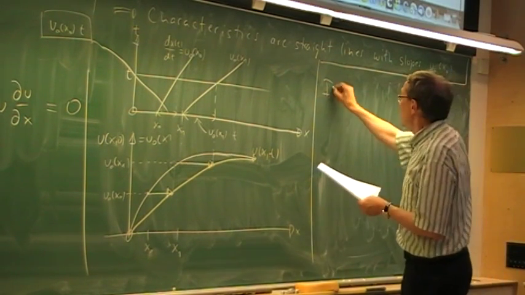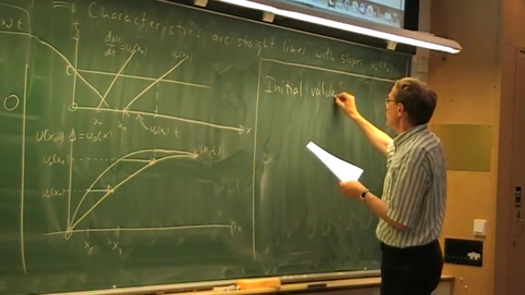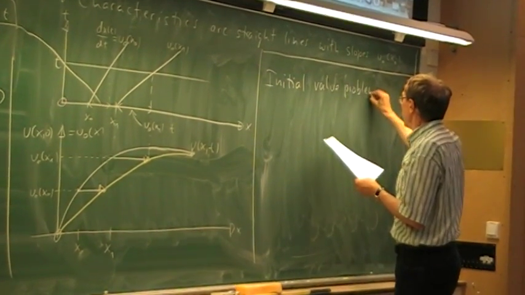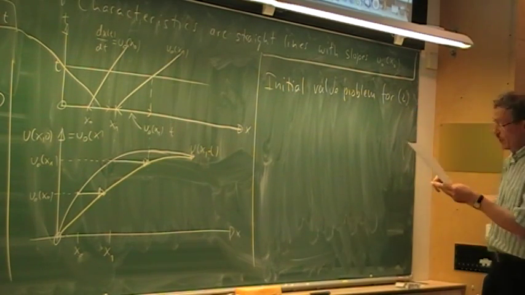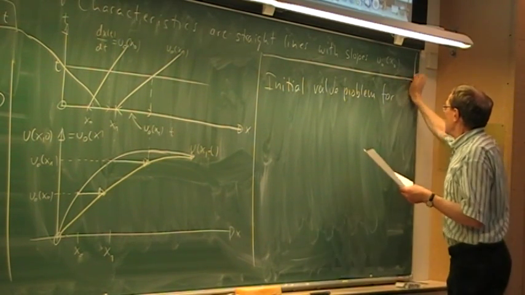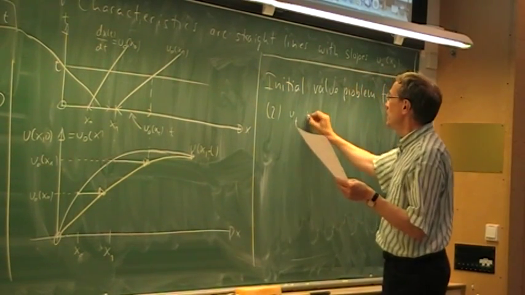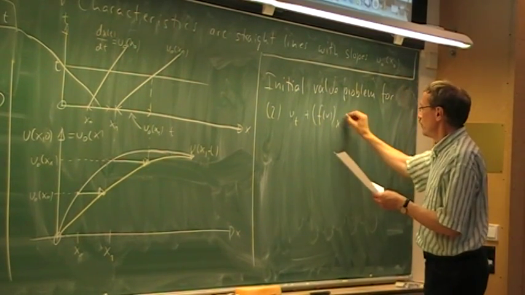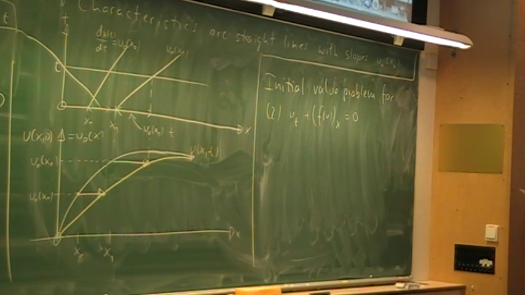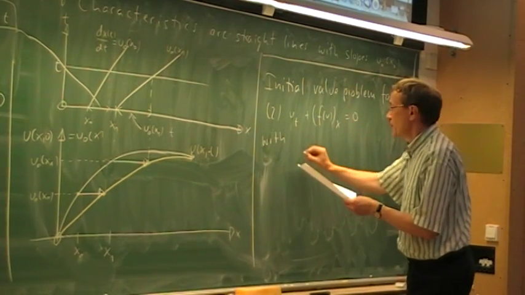And we look now at initial value problems for, we do it here now generally, for a scalar 1D conservation law. But you can always have in mind f of u equals u squared over two. With a piecewise constant initial condition.